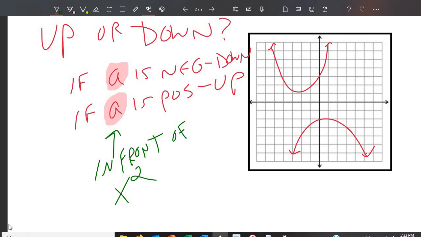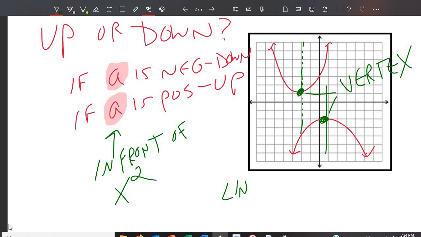Now, while I'm on this page, there is a point right here where it starts curving on the left and on the right, and this point is called its vertex. Through the vertex, there is something we call the line of symmetry.